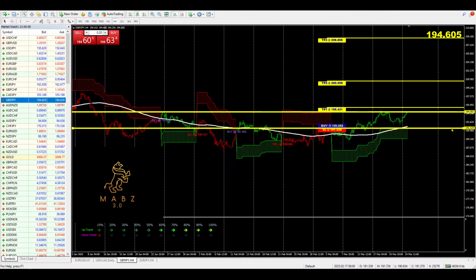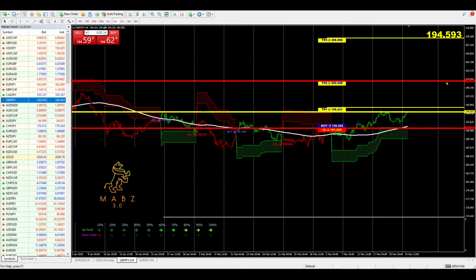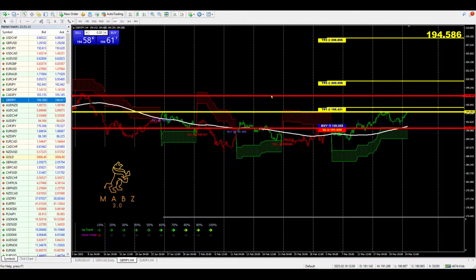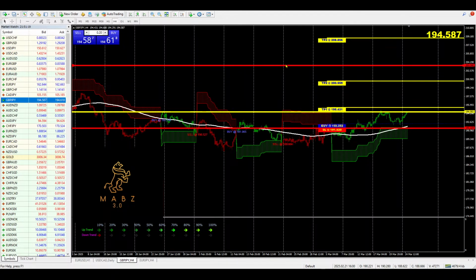Then we would put our TP at the next TP that makes sense. As you guys can see, currently the market has moved from the buy entry. It's almost at TP1, so now we would target TP2. If I was entering this trade, I would target TP2 and TP3.